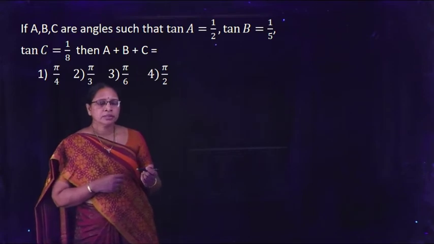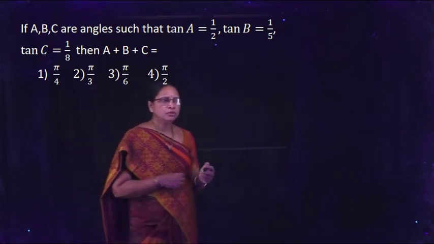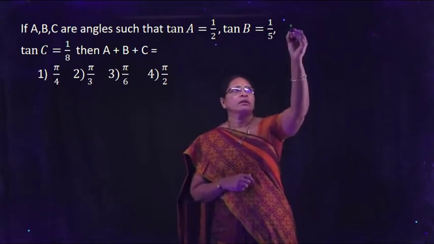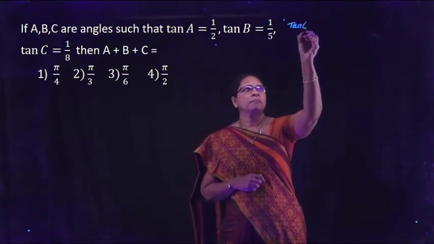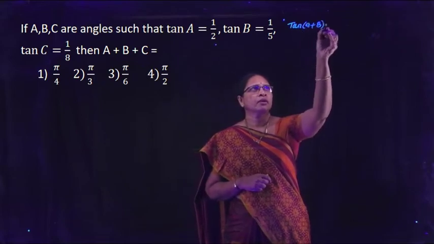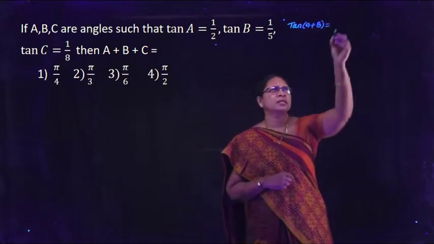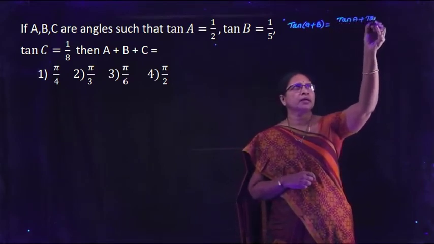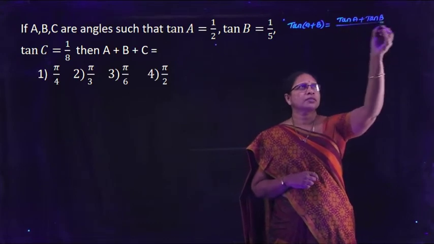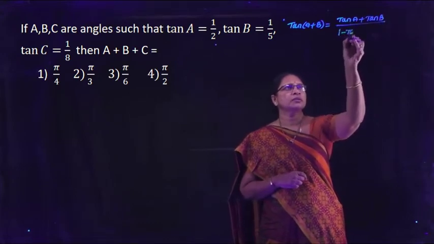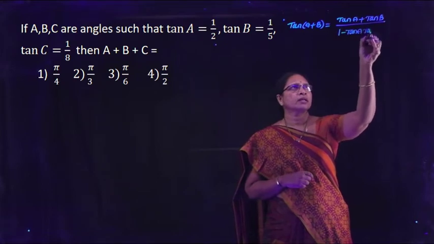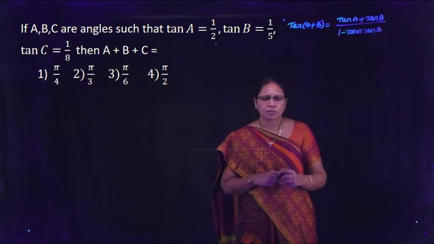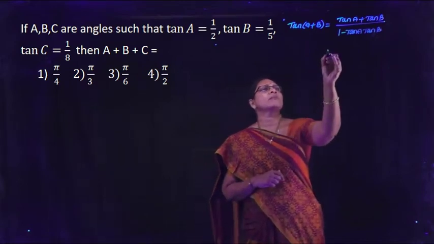According to the given problem, first we have to find out the value of tan A plus B. We know that tan A plus B is tan A plus tan B by 1 minus tan A into tan B. Given that tan A is 1 by 2, tan B is 1 by 5.